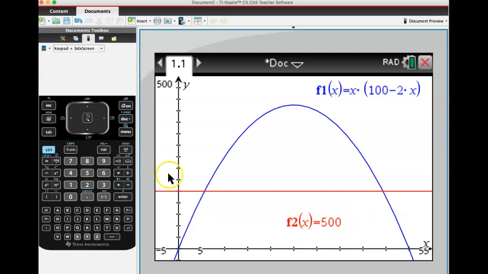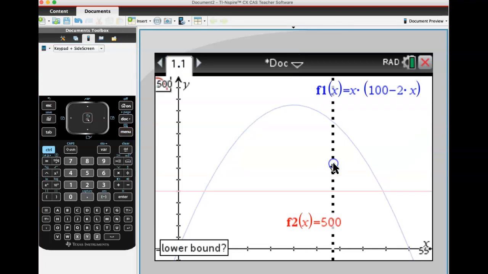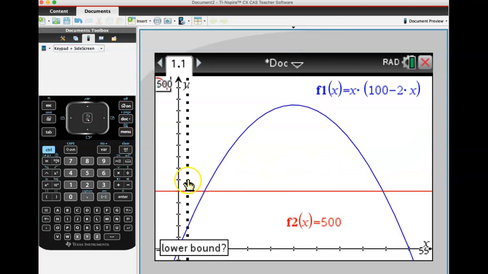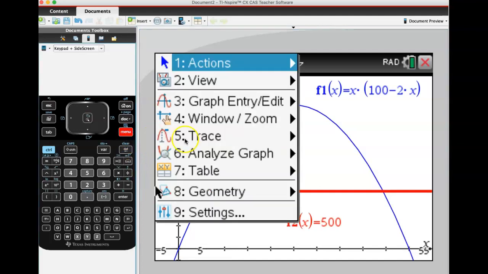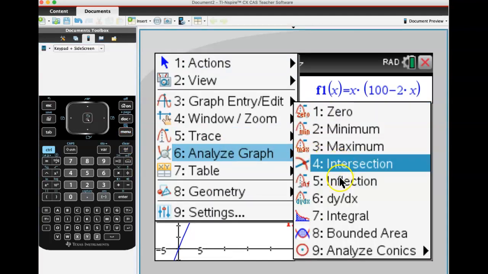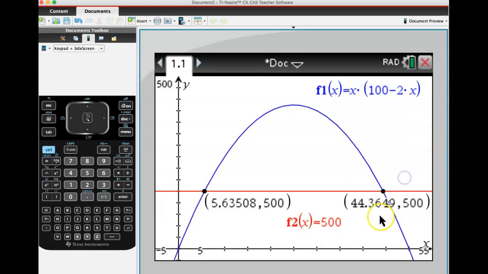How did we find our intersection? Well, we went Menu, Analyze Graph, Intersection, and we went to the left of the intersection, to the right of the intersection, and we did another Analyze Graph, Intersection, and we found these two intersection points right here, okay?